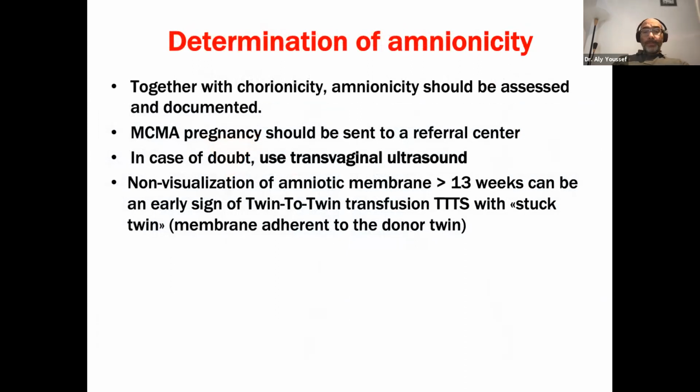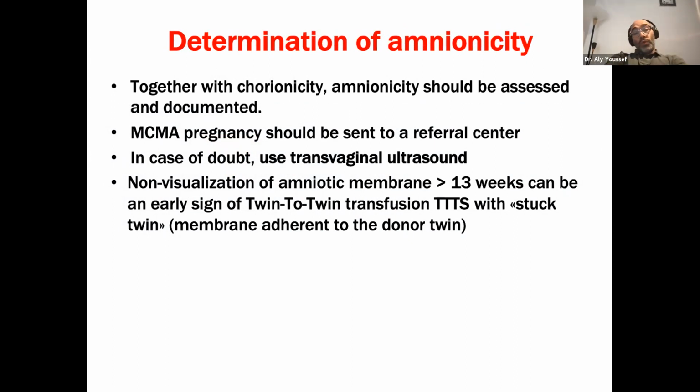A second ultrasonographic aspect in the first trimester that should be diagnosed is the amnionicity, so the number of amniotic sacs. If you are not sure whether this pregnancy is monoamniotic or diamniotic, you have to refer the patient.